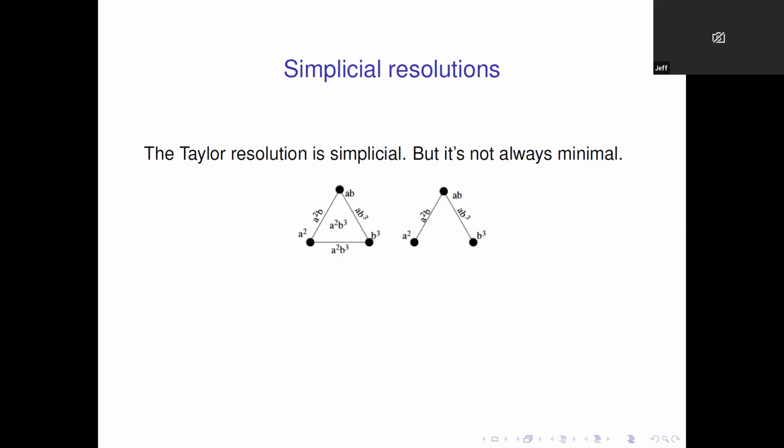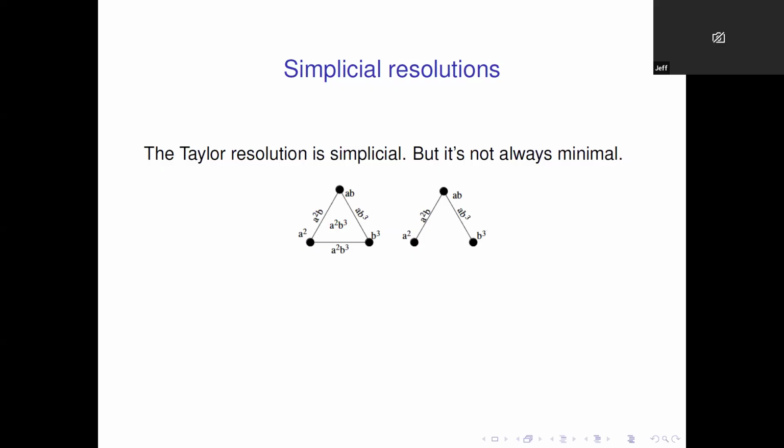So a couple of examples, but also what this does is it allows us to have some intuition. We can think about our resolutions not as some horrible sequence of giant direct sums of modules and matrices that are hard to read, but just as some sort of simplicial complex.